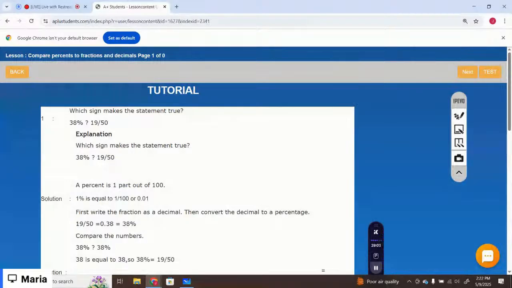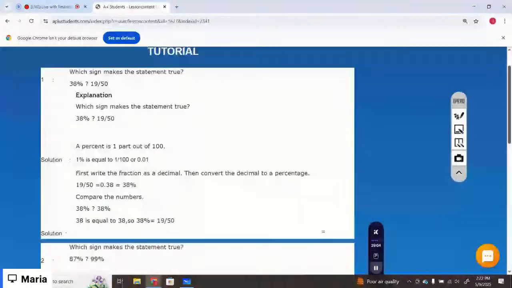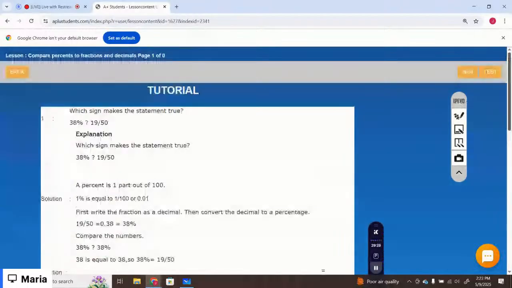You can compare two things only when they're in the same form, so you need to convert them into percentage form. 38% is already in percentage form. For 19 over 50, you convert it: 19 over 50 times 100 equals 38%. So both of them are exactly equal. The correct option is they are equal.